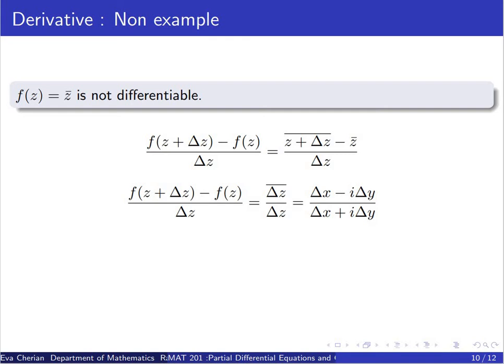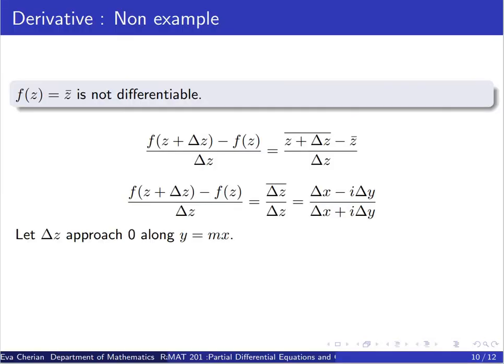If we let delta z be delta x plus i delta y, then delta z conjugate is delta x minus i delta y. Now let delta z approach 0 along y equal to mx. If this function is differentiable, this limit should have the same value independent of the value of m.